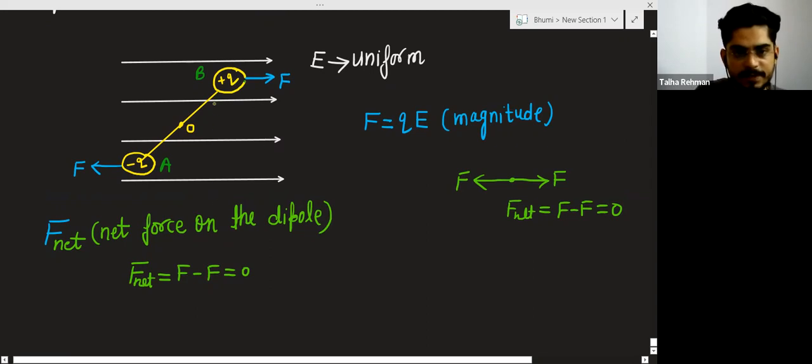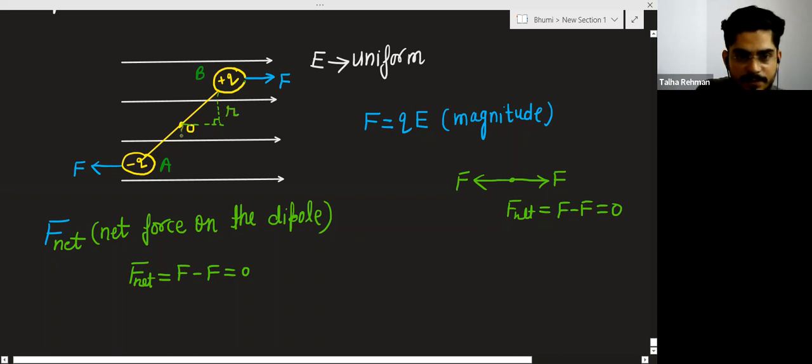But here one thing more. Suppose I am just drawing a line parallel to the electric field from the center of the dipole, and the perpendicular distance between this charge and this line is r.